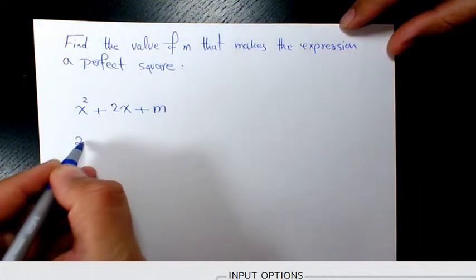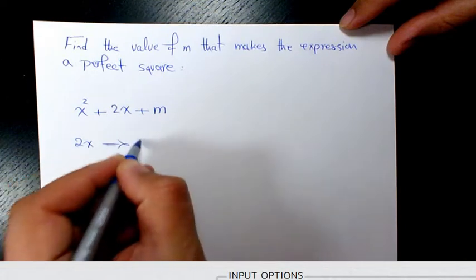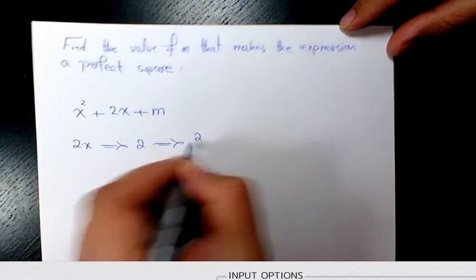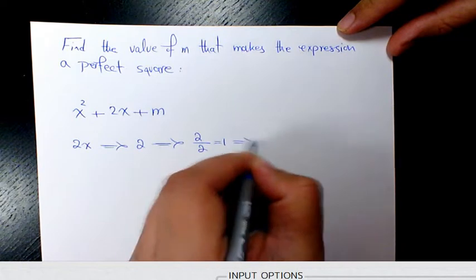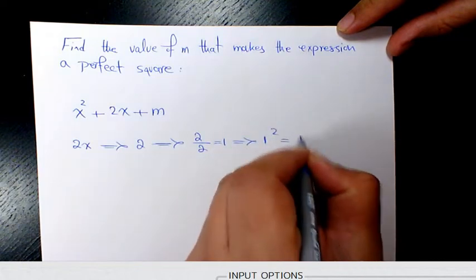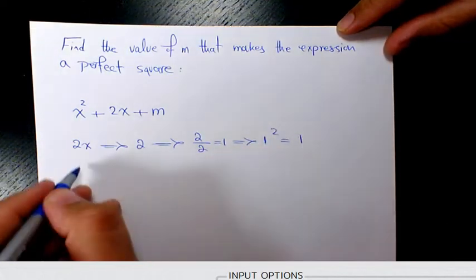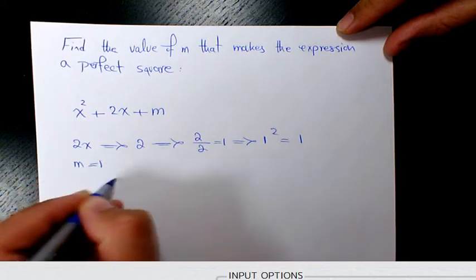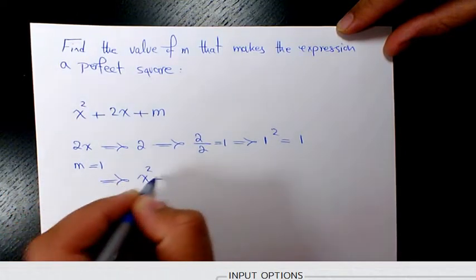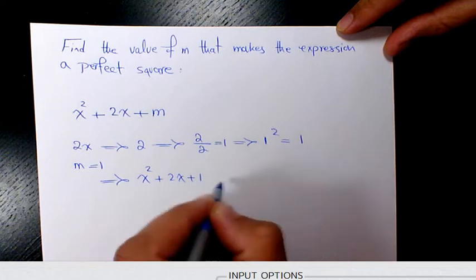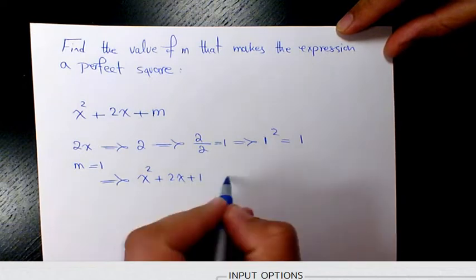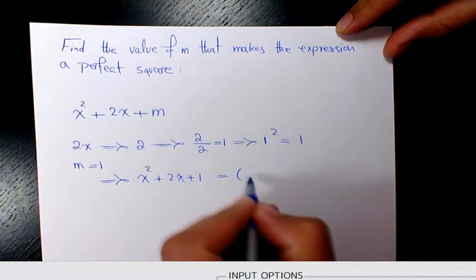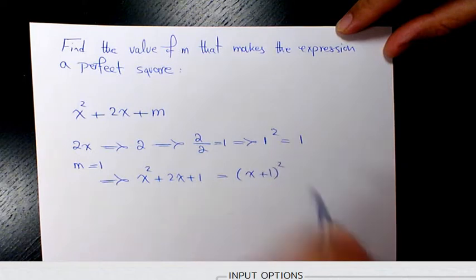As we learned last time, the coefficient of 2x is 2. We divide it by 2, which is 1, and then we square it: 1 squared is 1. So m equals 1. Therefore, x squared plus 2x plus 1 is the perfect square. Why? Because when you factor that, it's going to be (x plus 1) to the power of 2.